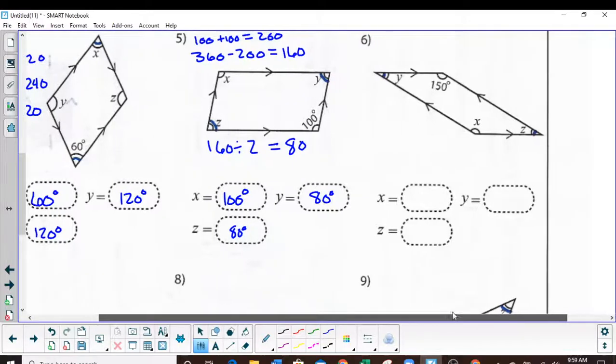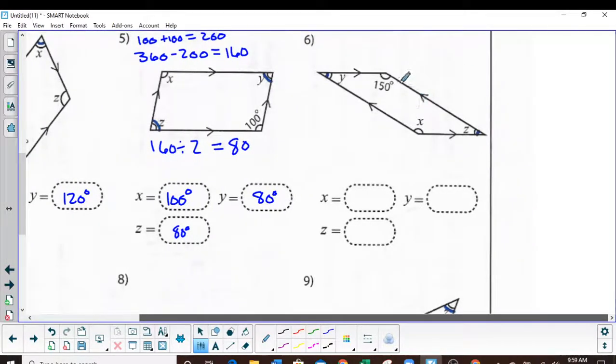Okay? Look at 6. Telling me that that's 150. Opposite of that is x, so I know x is equal to it, so it's 150. Again, if I add 150 and 150, I get 300. Okay? Total of a quad is 360. I subtract the 300 that I already know.